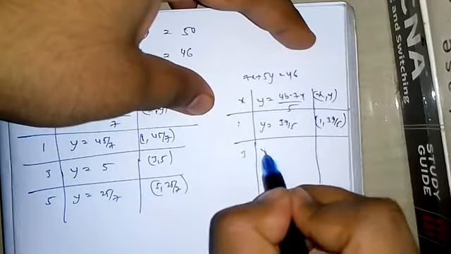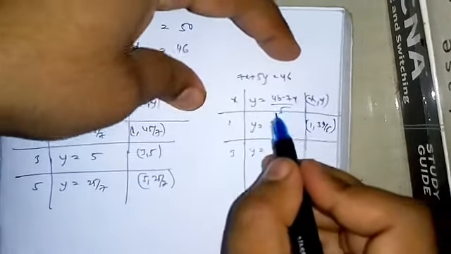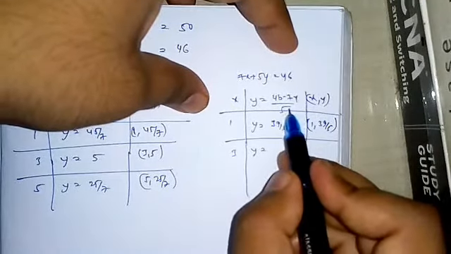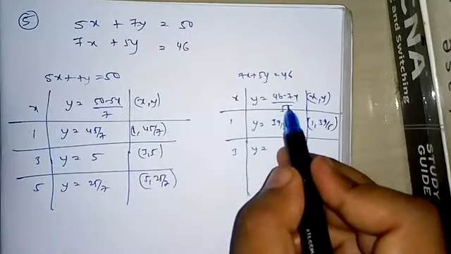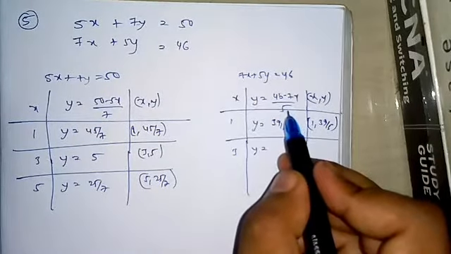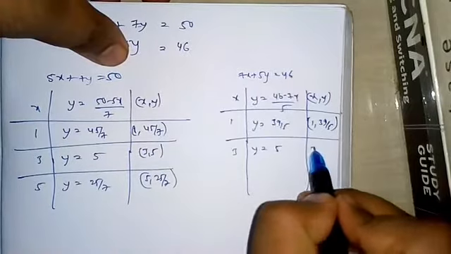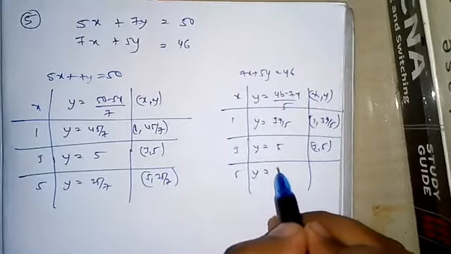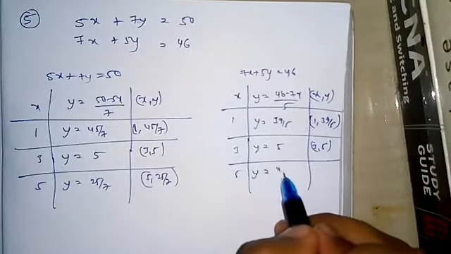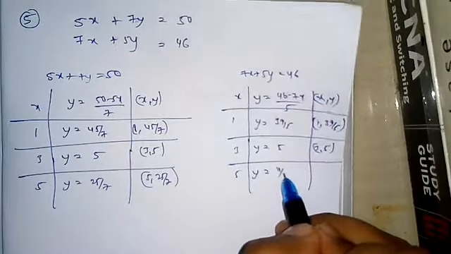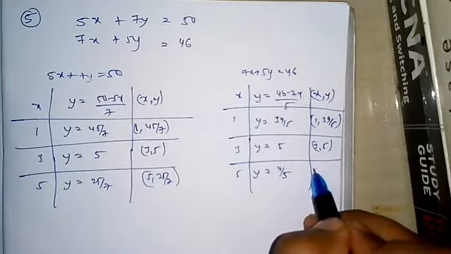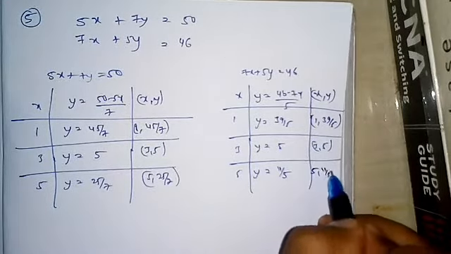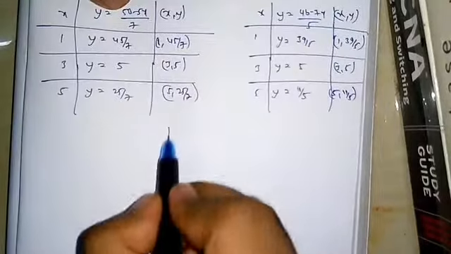Second, for 3, y is equal to 46 minus 21 is 25, 25 by 5 is 5, so it is 3 comma 5. And for 5, y is equal to 46 minus 35 is 11 by 5. So it will be 5 comma 11 by 5. Let's plot these points on the graph.